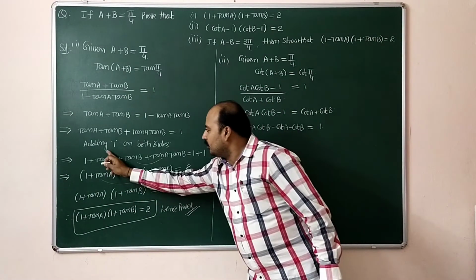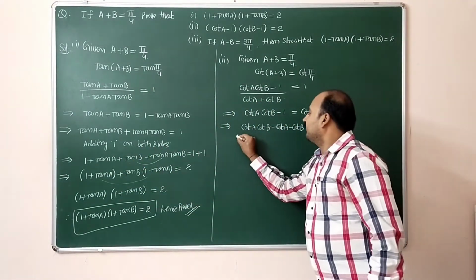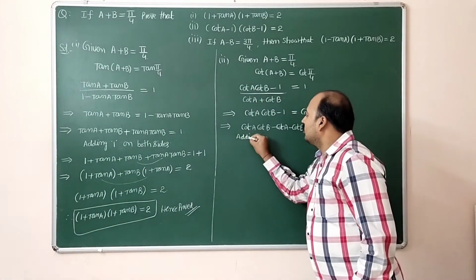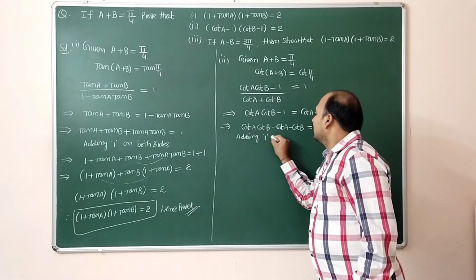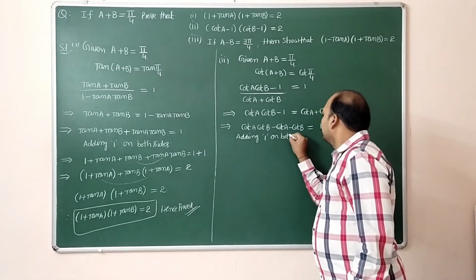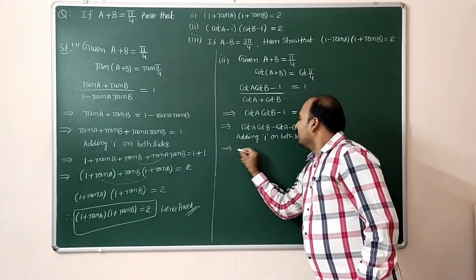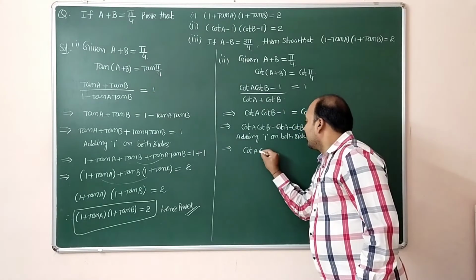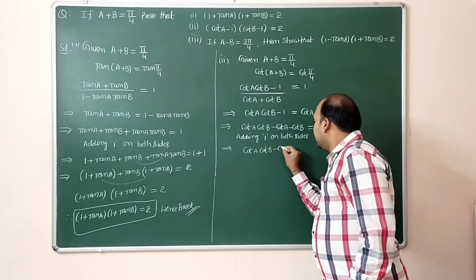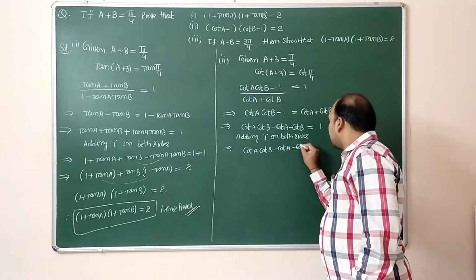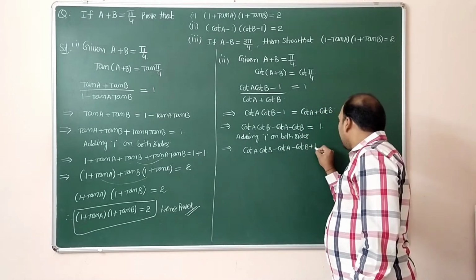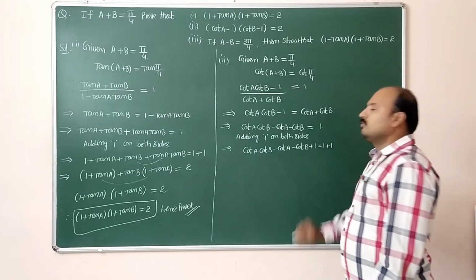Now adding 1 on both sides, like the similar problem. So we will get cot a cot b minus cot a minus cot b plus 1 equals 1 plus 1.